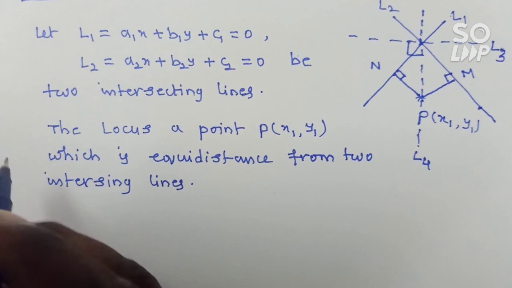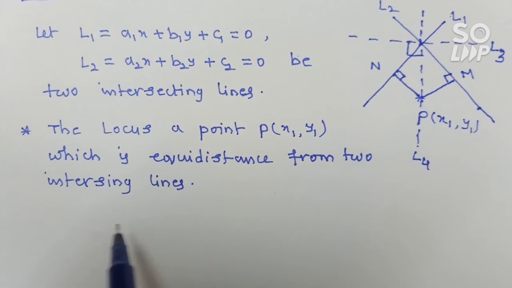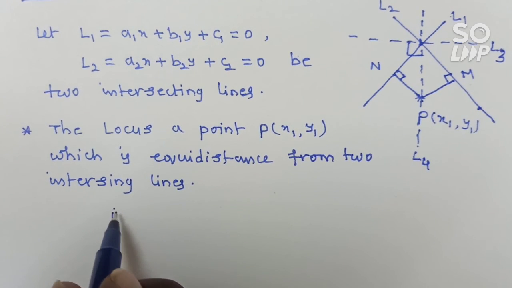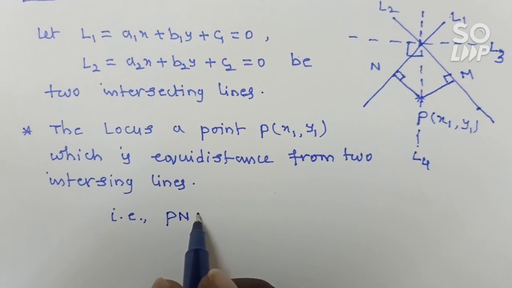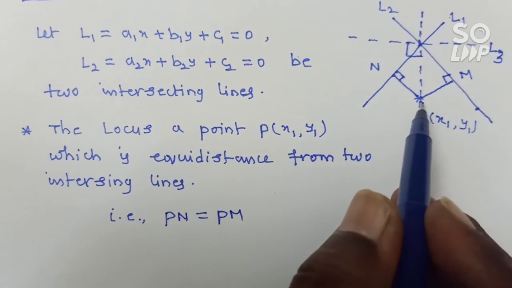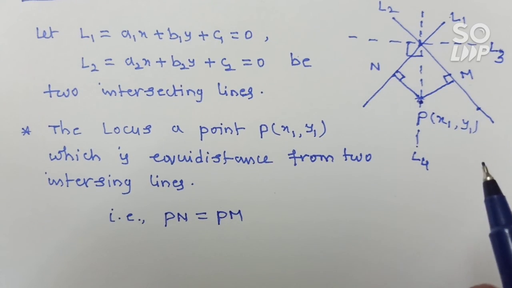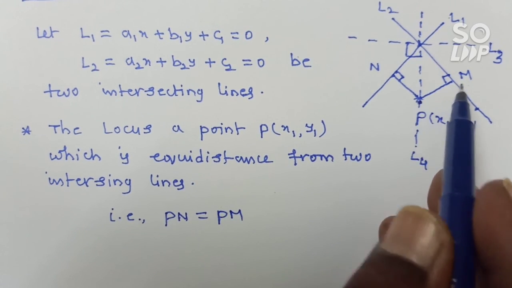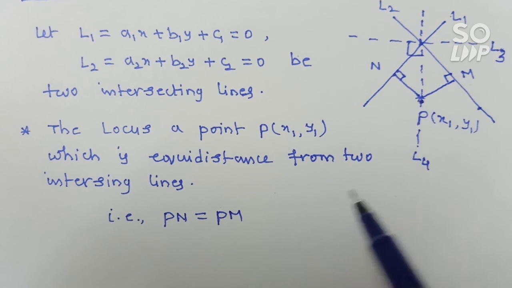Next, from the figure we can write PN equals PM. What is meant by PN? The perpendicular distance from P to the line L1, and PM is the perpendicular distance from P to the line L2.